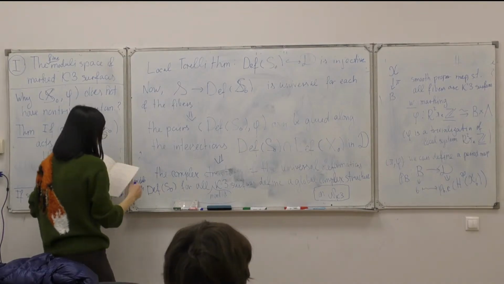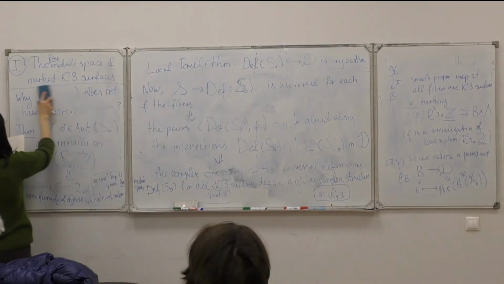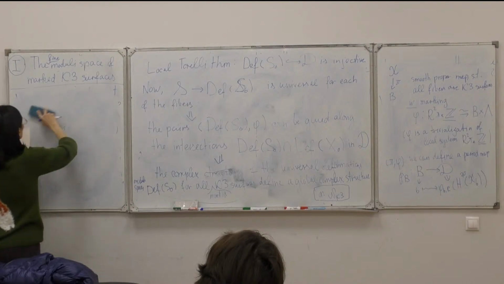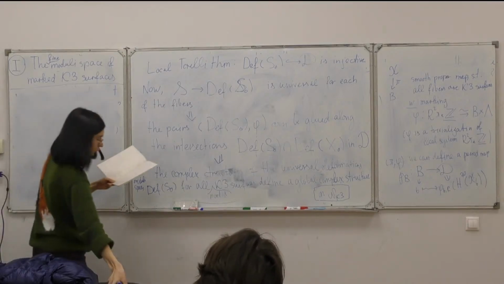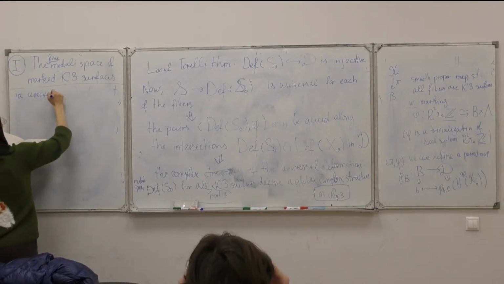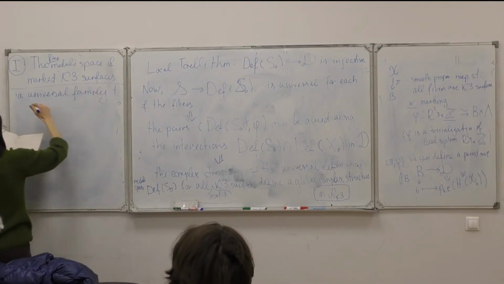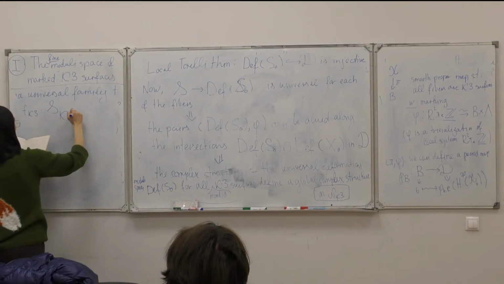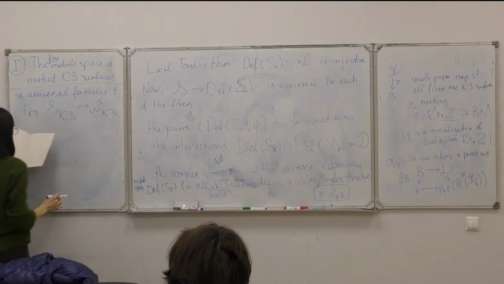Okay, and now let me explain how to obtain a universal family F_K3 over this moduli space of marked K3 surfaces.